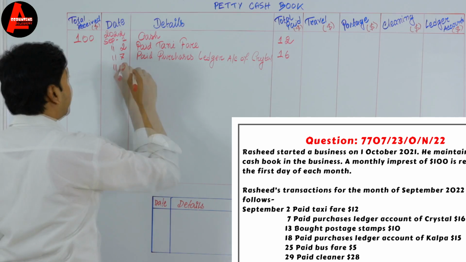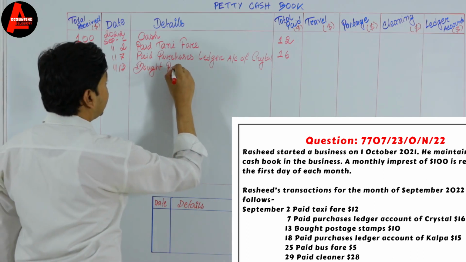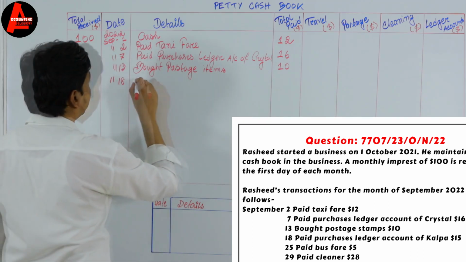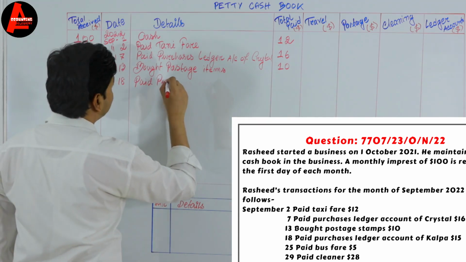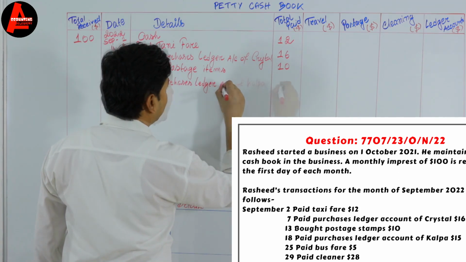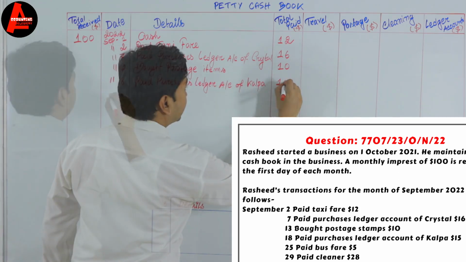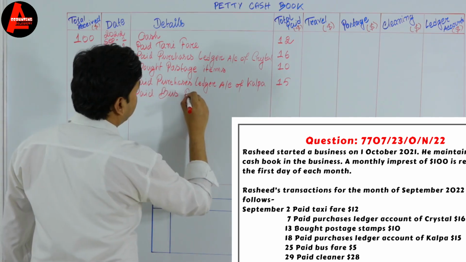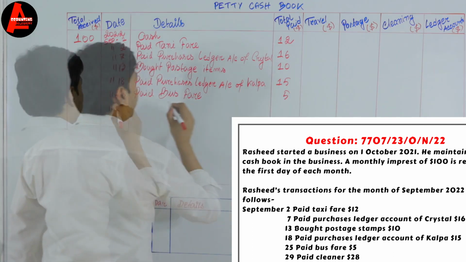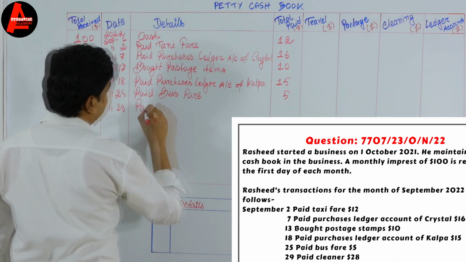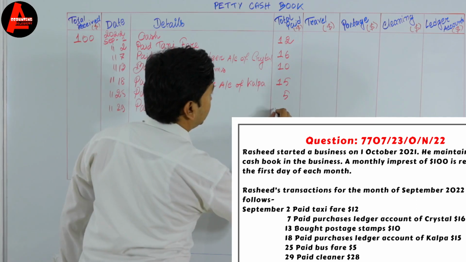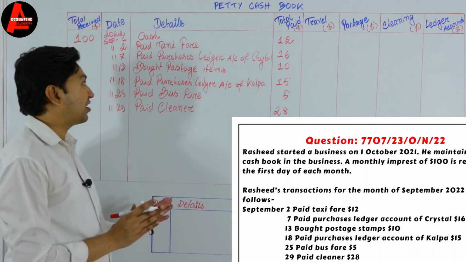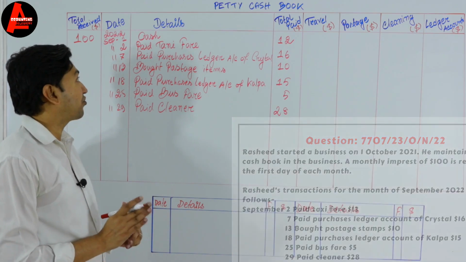September 13: bought postage items $10. September 18: paid purchases ledger account $15. September 25: paid bus fare $5. September 29: paid cleaner $28. Okay, so we recorded all the transactions from the question.